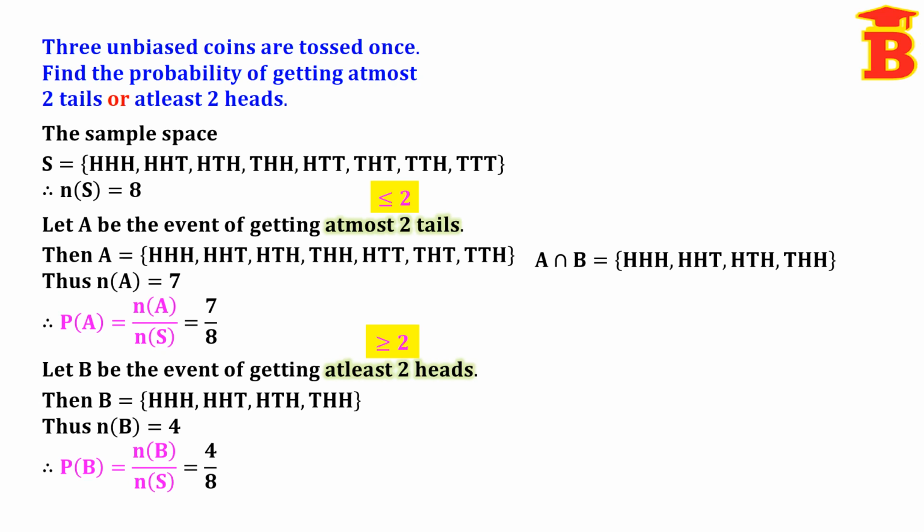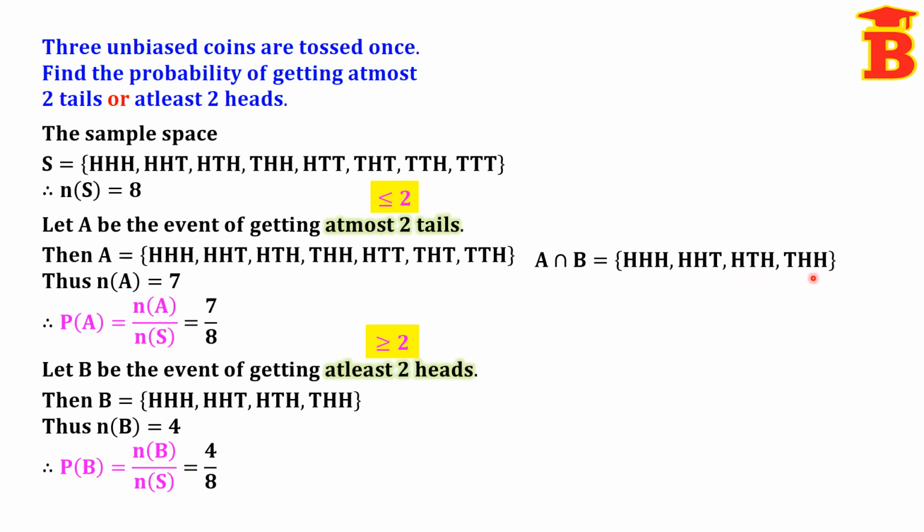Next we have to take the common elements, that is intersection. A intersection B equal to, here see the sets A and B and take and write the common elements. We have HHH in both, so take and write that. Next we have HHT and also HTH, THH.